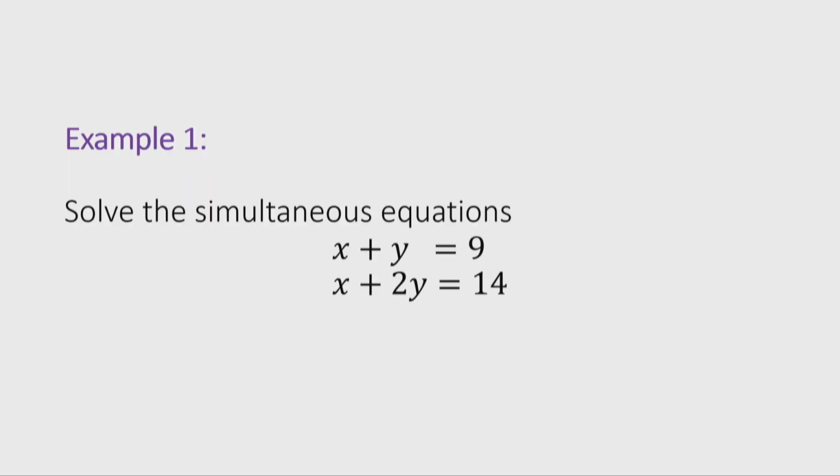First example, solve a simultaneous equations x plus y equal to 9 and x plus 2y equal to 14. So let us have a look at the solution. The first step will be to write 1 next to the first equation and 2 next to the second equation.